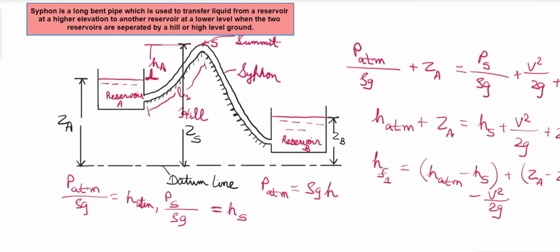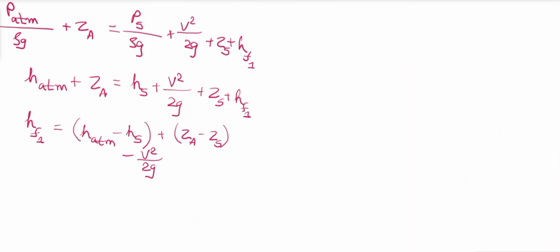Firstly, in the diagram, I just want to show you one thing, which is that HA is equal to ZS minus ZA. Here it is clearly seen that HA is equal to ZS minus ZA. Instead of ZS minus ZA, we'll be substituting HA.